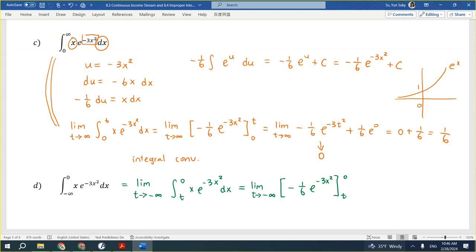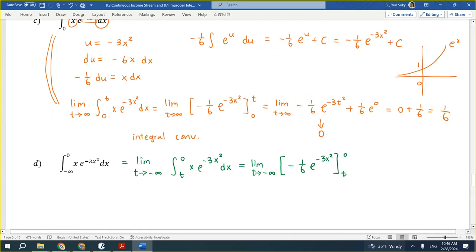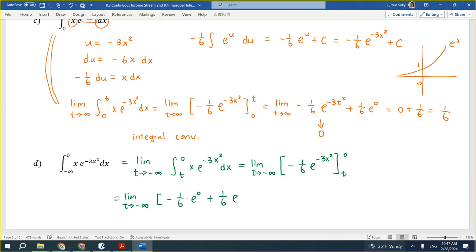Is that okay, everybody? And now we have the limit as t goes to minus infinity. We plug in x is 0, and we get minus 1 over 6 times e to the 0, right? And minus negative becomes plus 1 over 6. Then we plug in x is t. Okay, let's see.